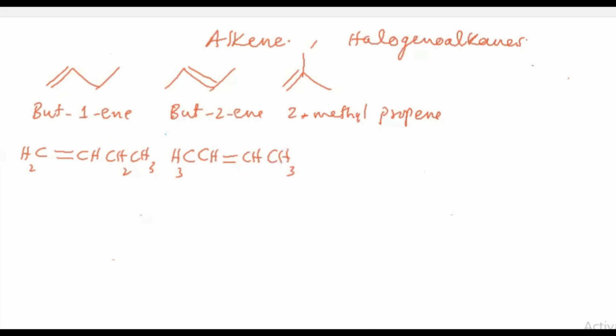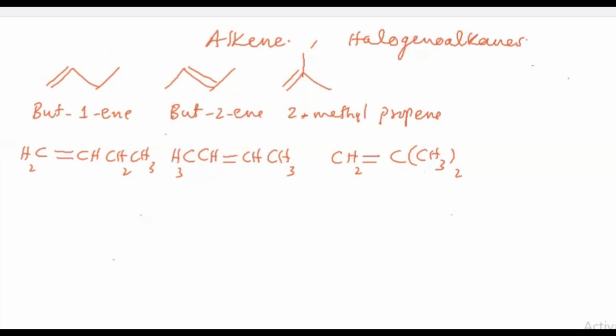Now, this carbon is attached with 2 carbon atoms, so it must be CH2. Then this carbon has already 4 covalent bonds, so there is a double covalent bond. So there's a carbon and 2 CH3 groups. So that's why this is the structural formula of 2-methyl propene, or 2-methyl prop-1-ene.